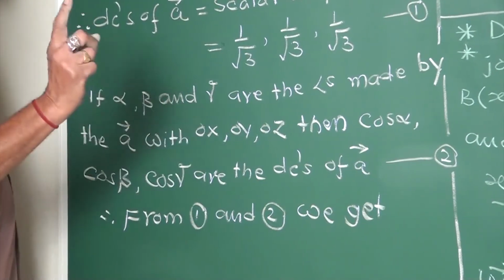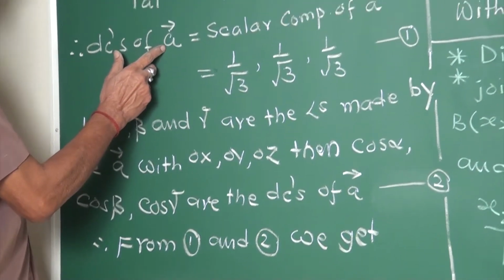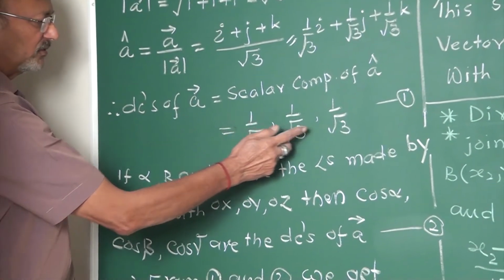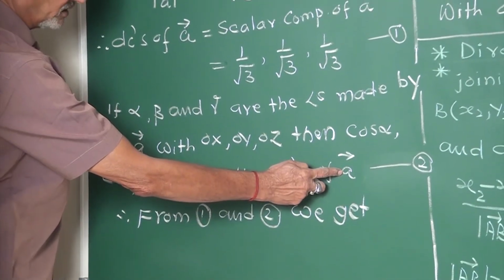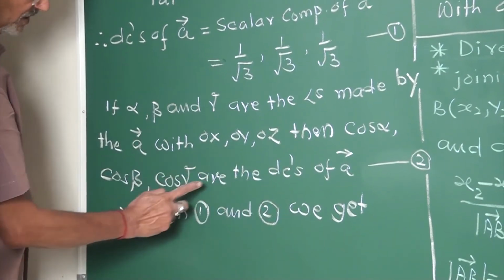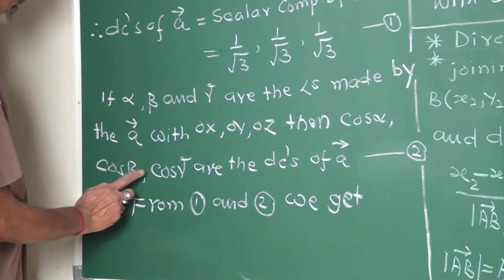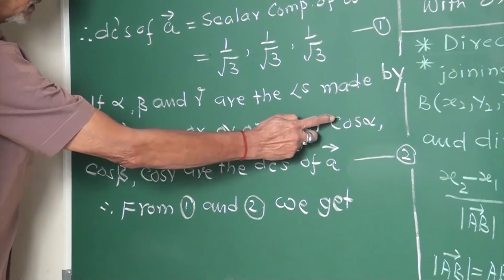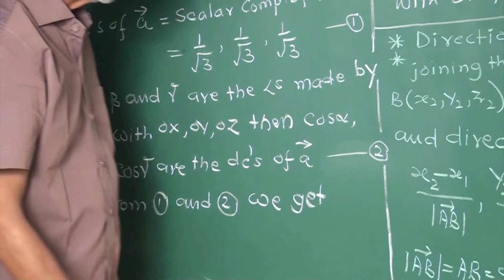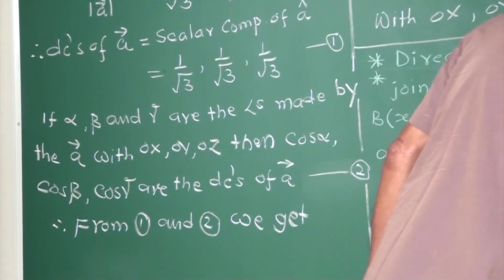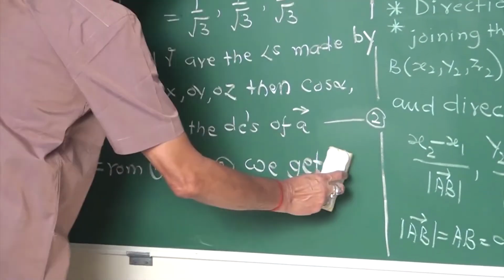See, the direction cosines of A are 1 by root 3, 1 by root 3, 1 by root 3, and the direction cosines of vector A are also cos alpha, cos beta, cos gamma.